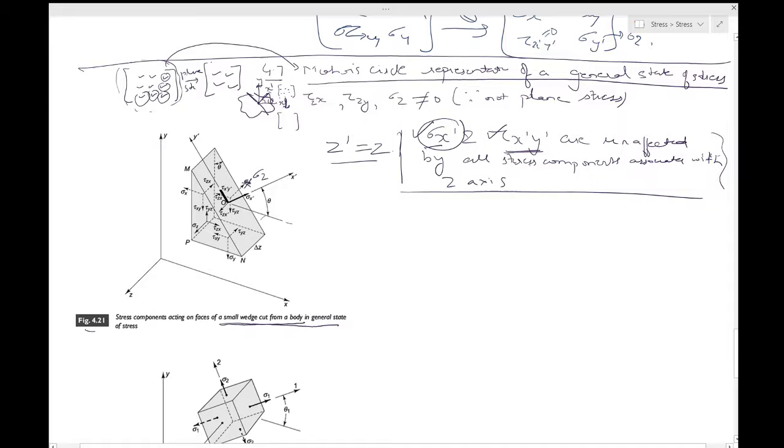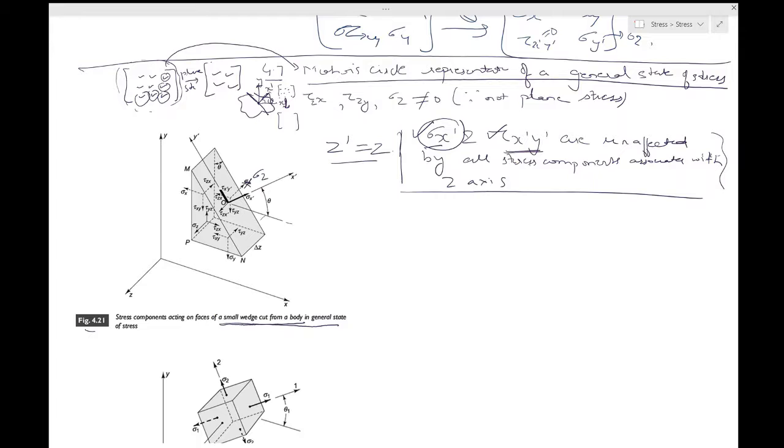Okay, now if we consider the force equilibrium in the z direction for the wedge, because z and z' is the same direction even after rotation, nothing has happened to the z axis. So in the z direction we apply force equilibrium. Let's start from one end. We'll have the stress multiplied by the area.